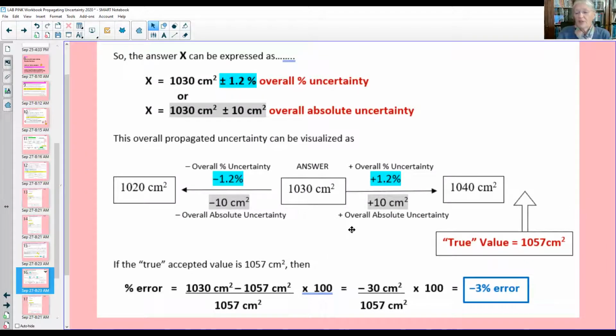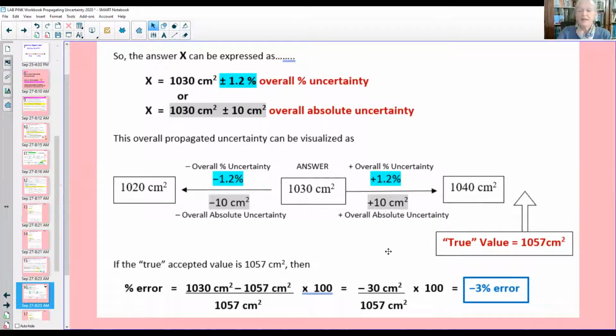You would be able to either say that the true value is outside the error bars, or you could say that when you calculate the percent error, observed minus true divided by true times 100, you get a percent error that is larger than your overall percent uncertainty. That, of course, is the lesson for another day, but it does help you see why we're doing all of this propagation of uncertainty.